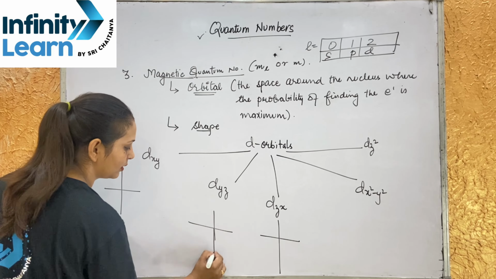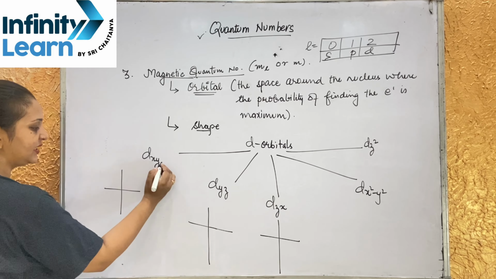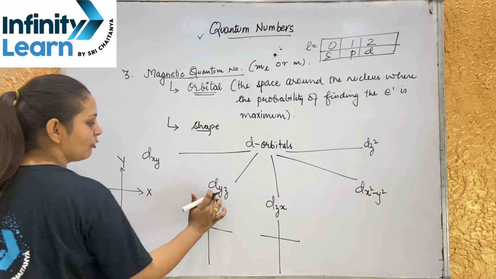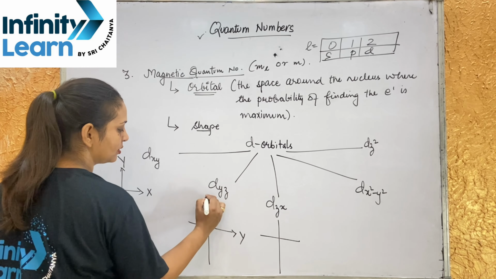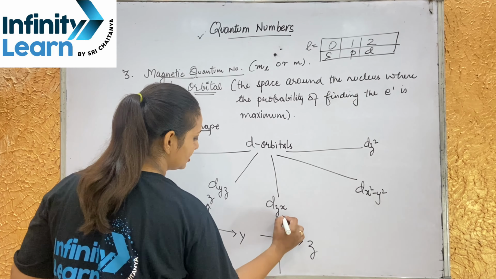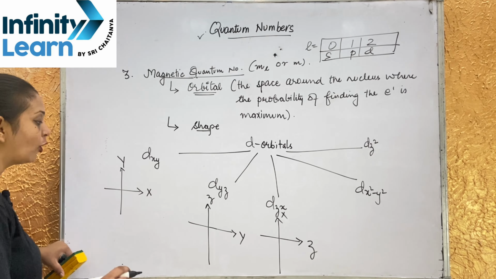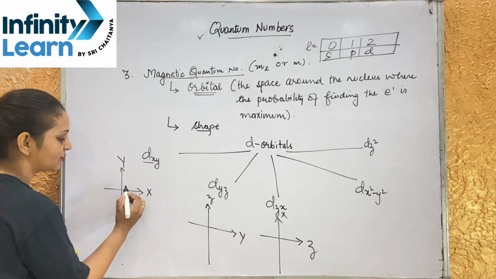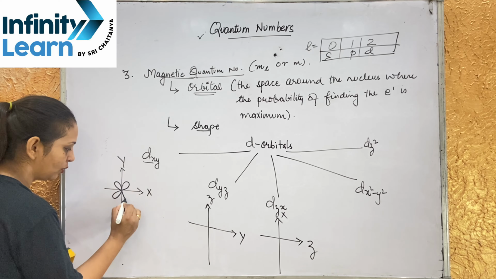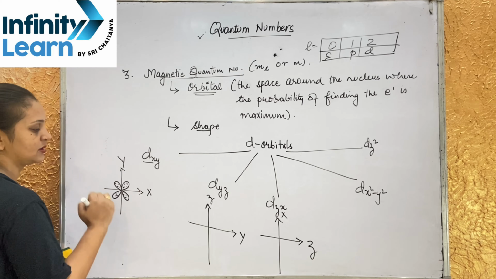For dxy, you need to mention the two axes, x and y. For dyz, we will mention two axes, y and z, and for dzx, we will mention the z axis and x axis. Now you have to make lobes in between the axes. For dxy, it is like a lobe here and a lobe here, and then mark the electron density.